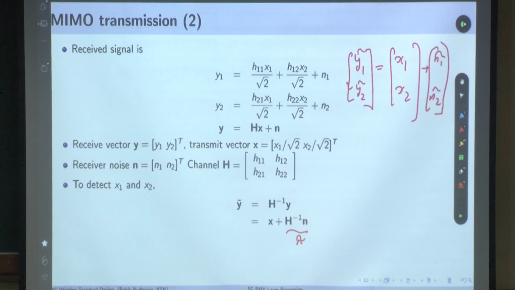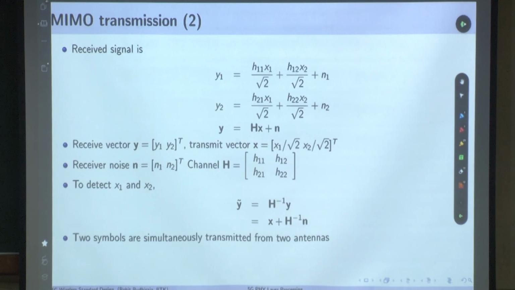So what is the UE going to do? It looks at the first component y1 tilde, it gets a noisy version of x1. It looks at the second component y2 tilde, it gets a noisy version of x2. So it has basically detected x1 and x2.